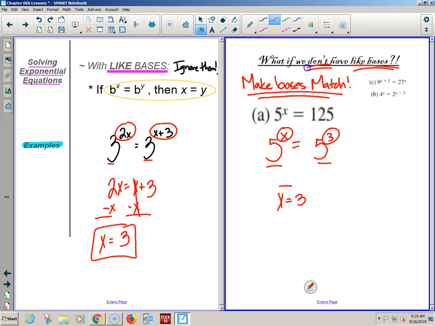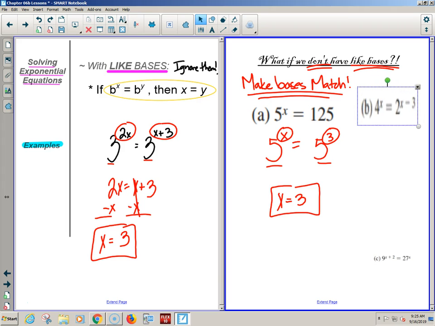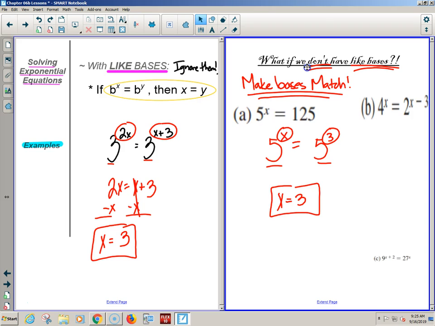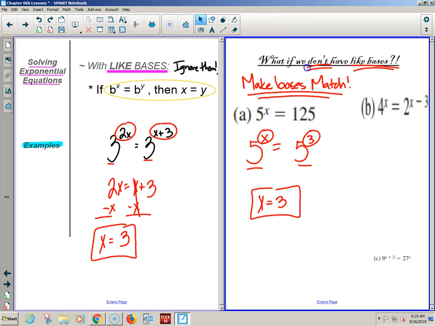Now this one, was there even anything else to do? No. But if you're given something crazy, let's do this one as our last example of today. That's nasty and disgusting, I apologize. What if we were given this one?